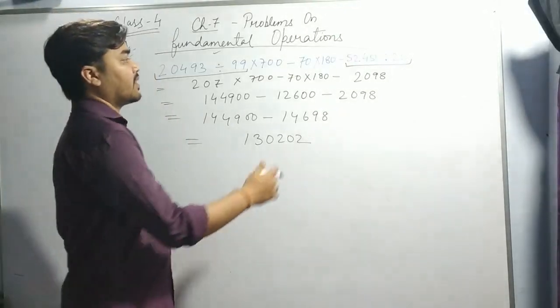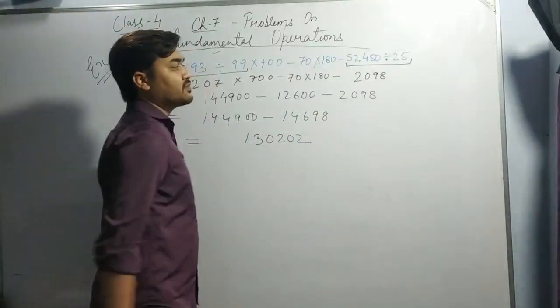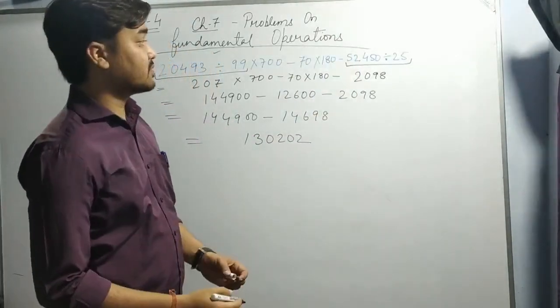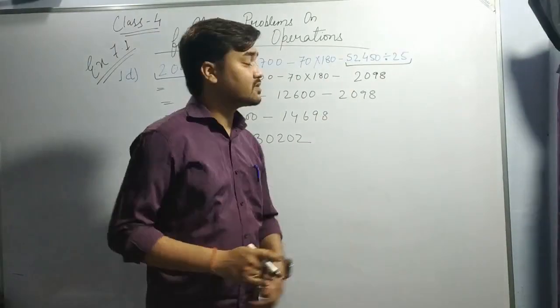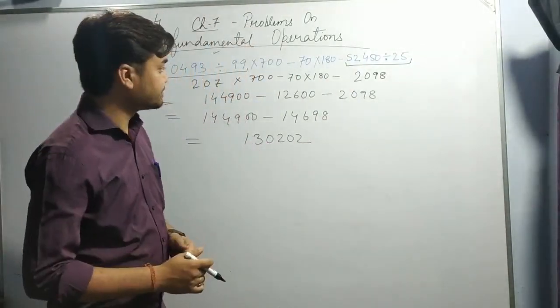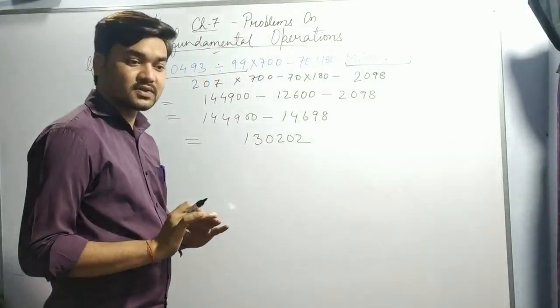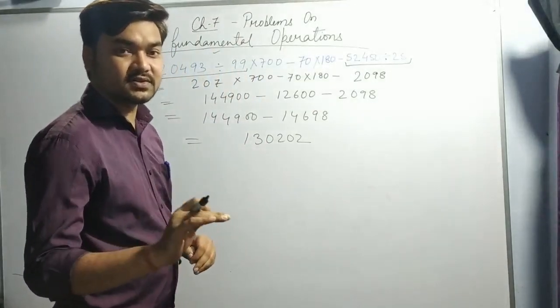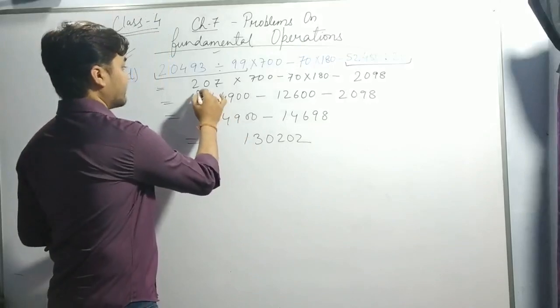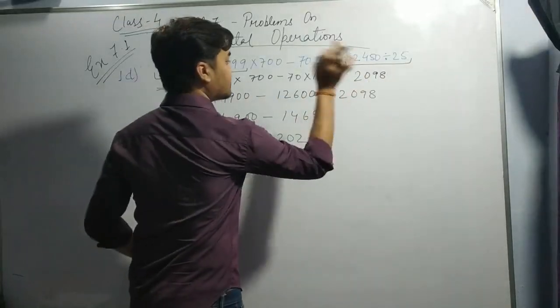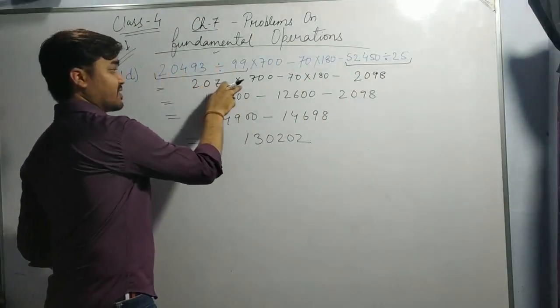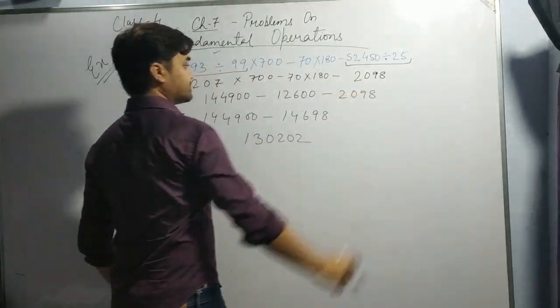And when we divide 450 by 25, we will get 2098. Clear? Now the first step of division is over. We have got 207 and 2098. The rest we have to write as it is.